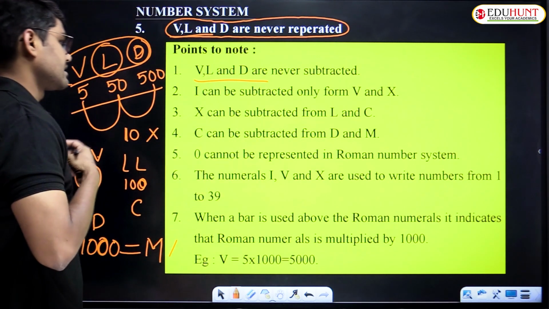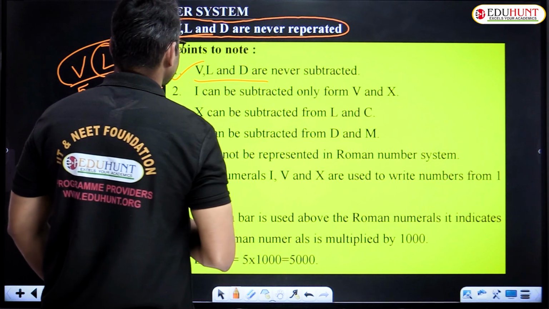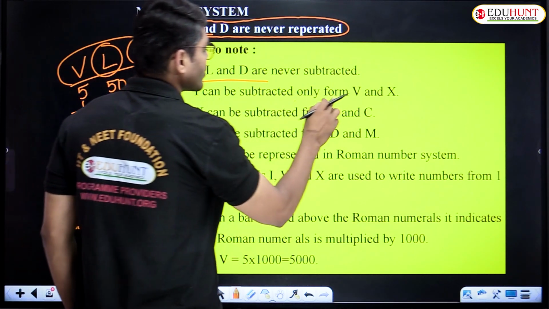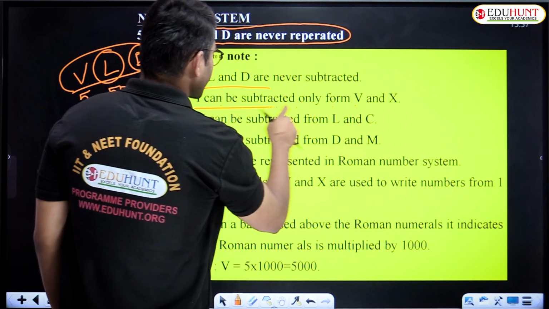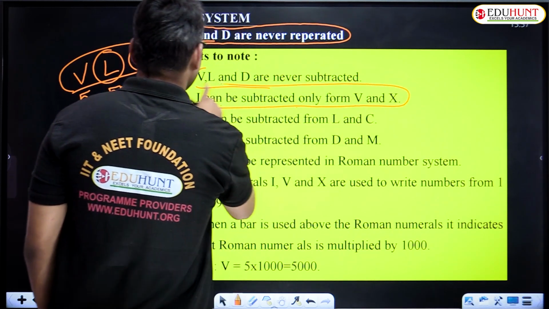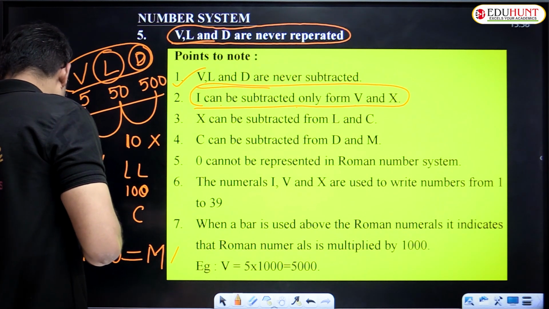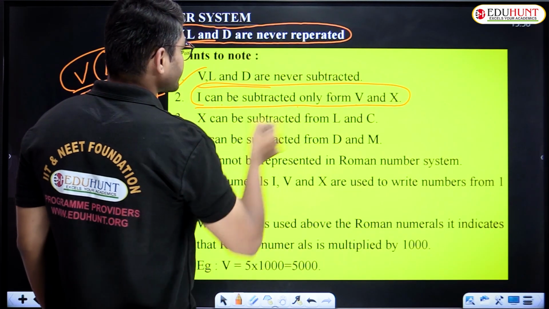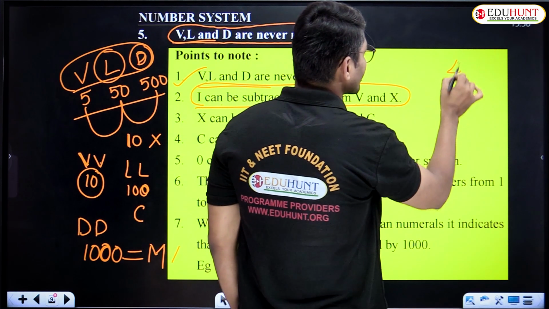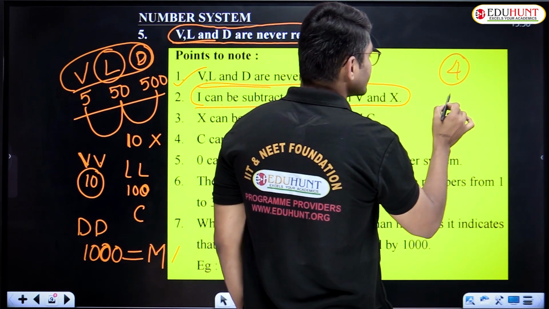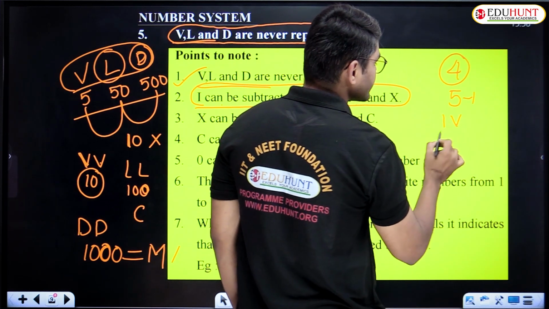Next point, students: I can be subtracted only from V and X. If I want to write 4, how can I write it? 5 minus 1, that is V and I, which is 4.